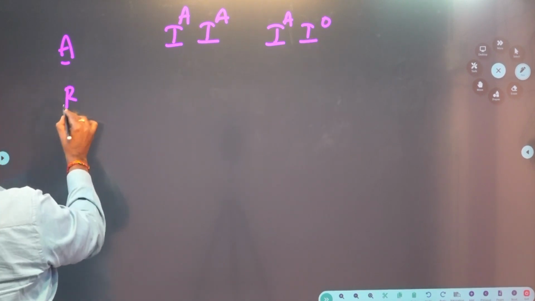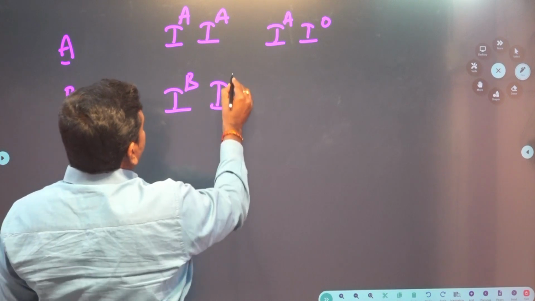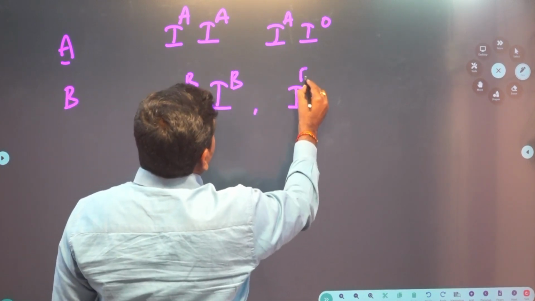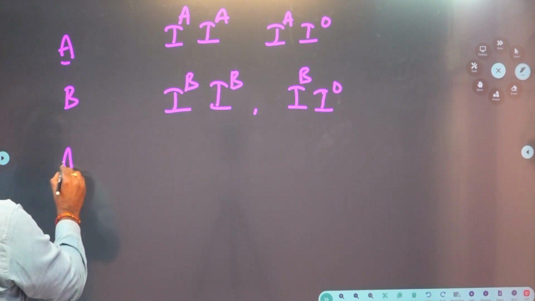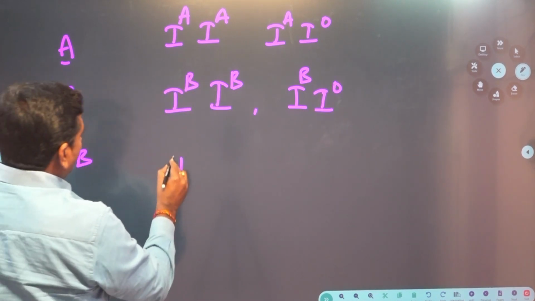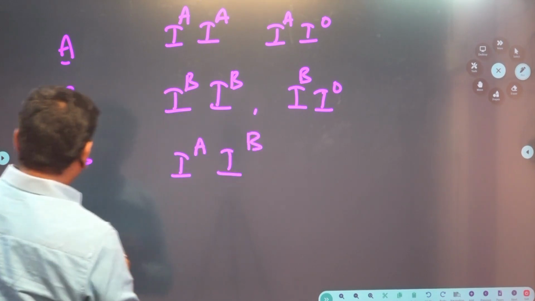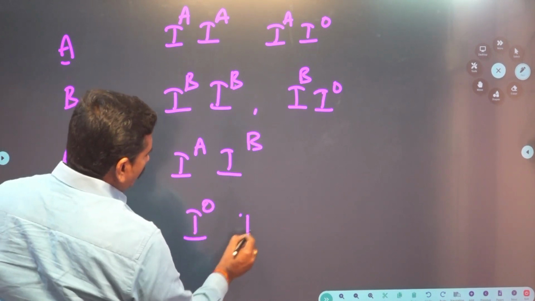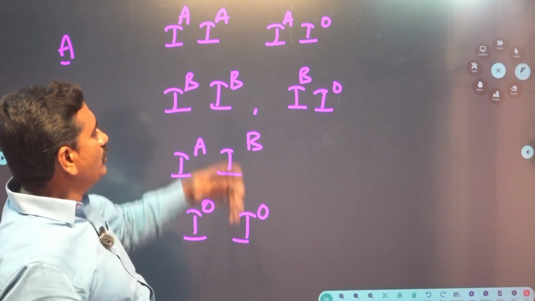The B blood group: IB IB, and IB IO. In the AB blood group, IA IB only. In the O blood group, IO IO. So these are the genotypes.